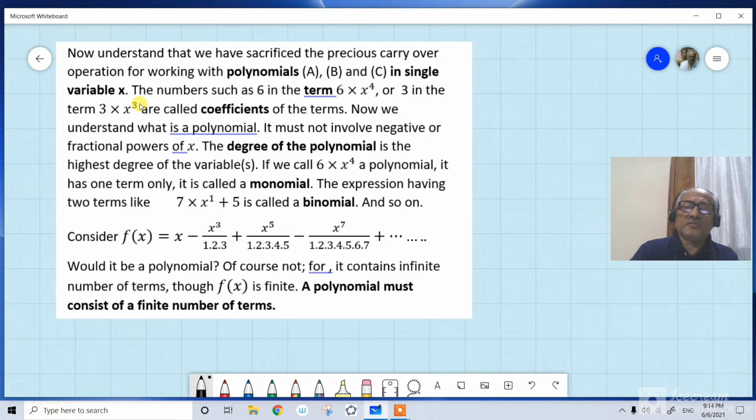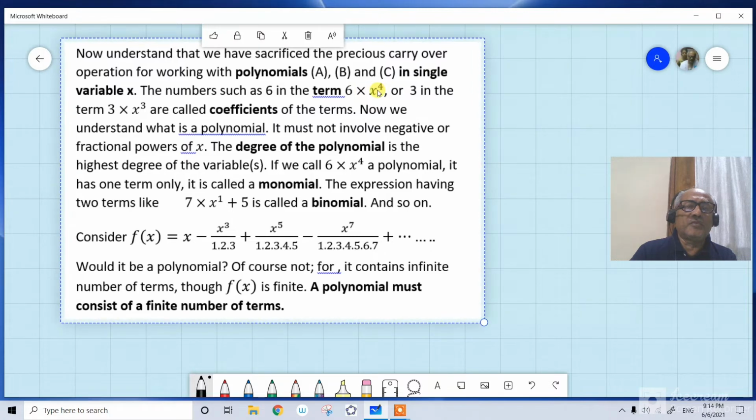We can carry over in decimal system, but if we want to generalize in terms of x, that's a general polynomial in x. So carryover will not be of much use here. We cannot carry over here. Suppose 6 into x to the power 4, this term only.